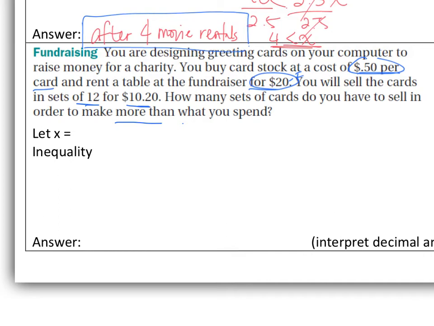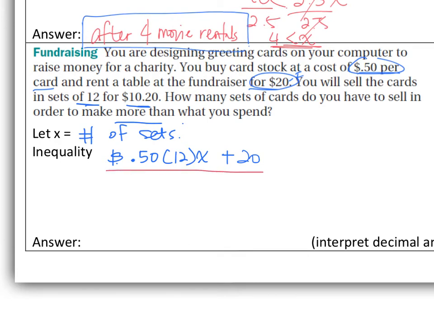Now let x equal the number of sets. So your inequality would be 50 cents times 12 times x plus the fixed cost of renting the table, which was $20. So this part of the expression tells you your cost.